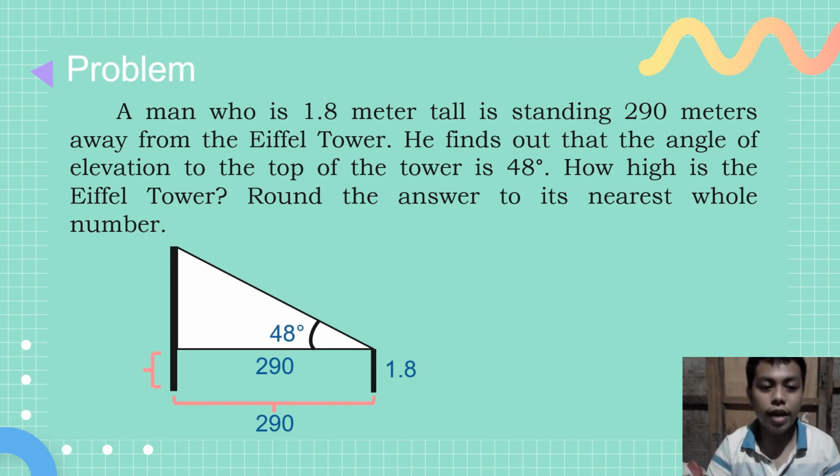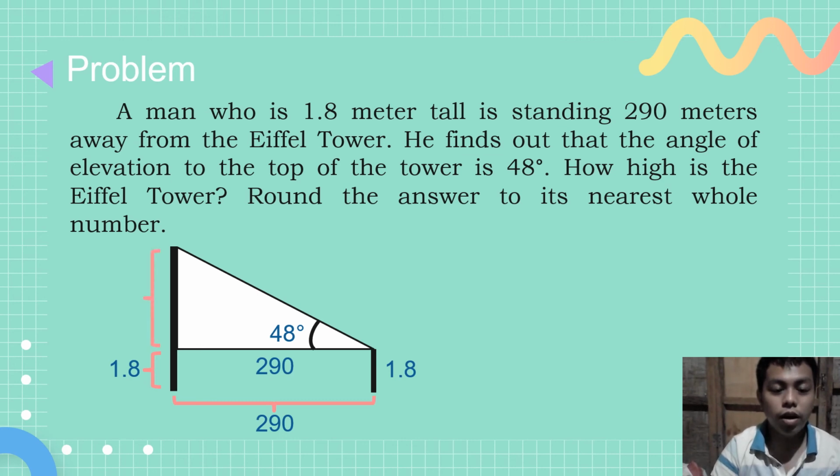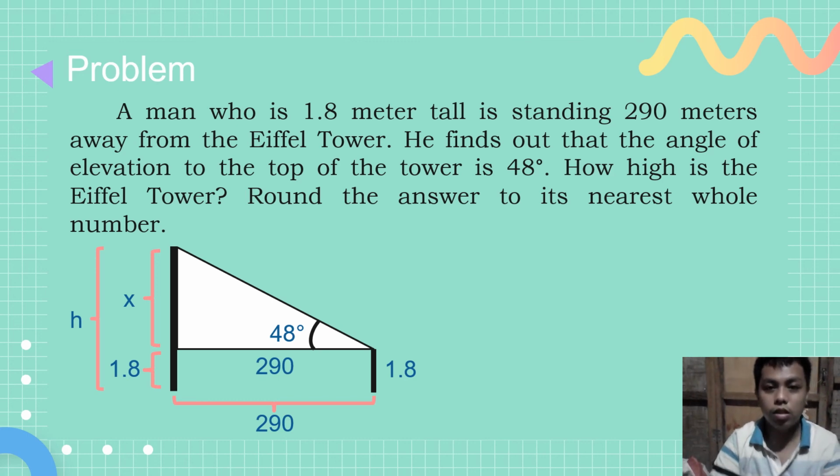On the other side, we have the 1.8 because that is the height of the man. Then we don't know the height of the Eiffel Tower. So we have the value of x here and the value of h. H is the overall height of the Eiffel Tower. So we are asked to find the height of the Eiffel Tower.